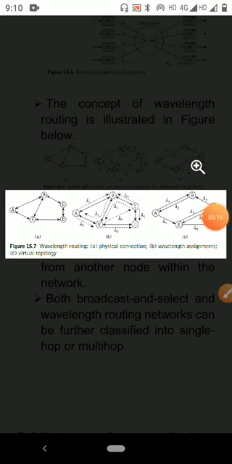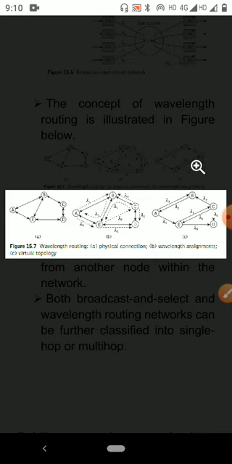Both broadcast and select and wavelength routing networks can be further classified into single hop and multi hop. Single hop networks allow direct communication between any two nodes, and the data remains entirely in the optical domain, that is without optoelectrical conversion, until it reaches its destination.